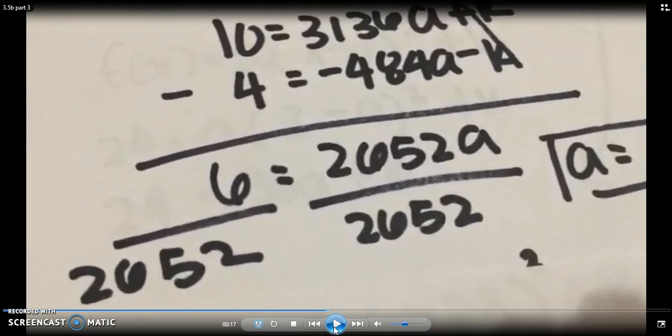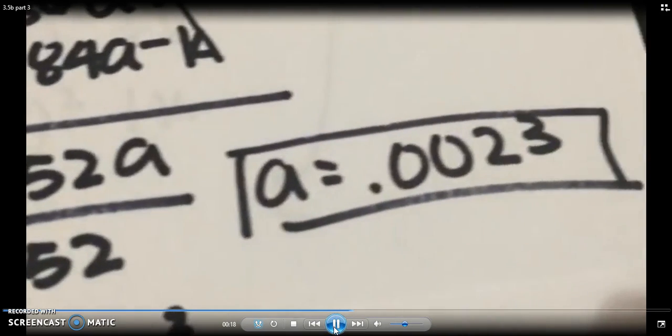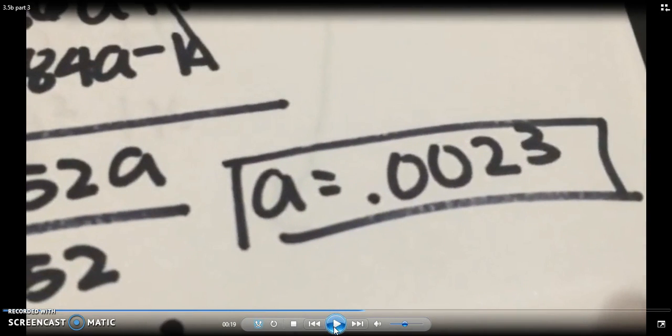And so I need to divide by 2652 on both sides in order to figure out what my a is. And 6 divided by 2652 is equal to 0.0023. So my a equals 0.0023.